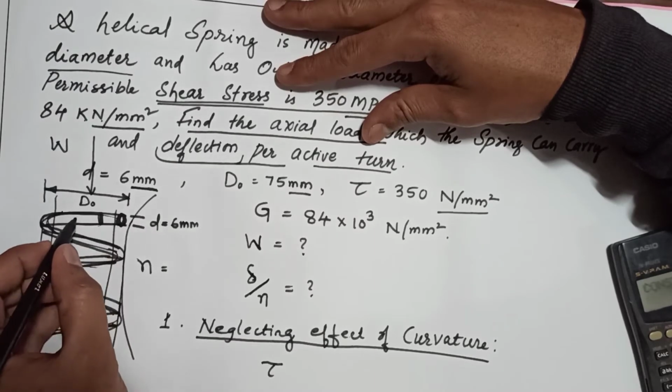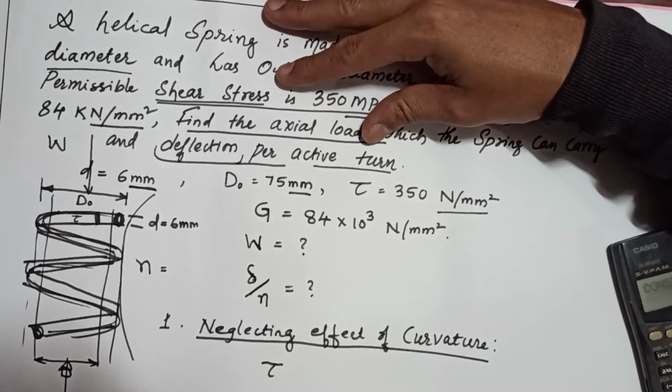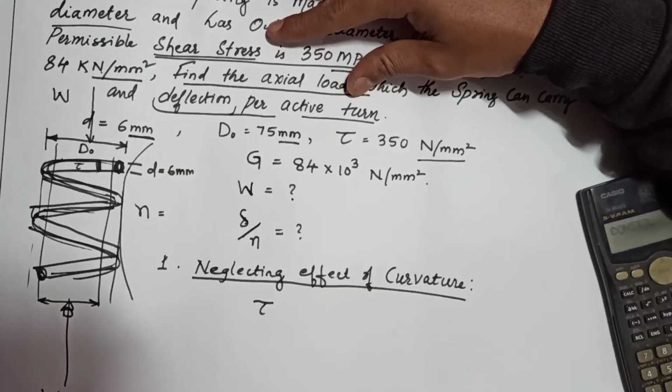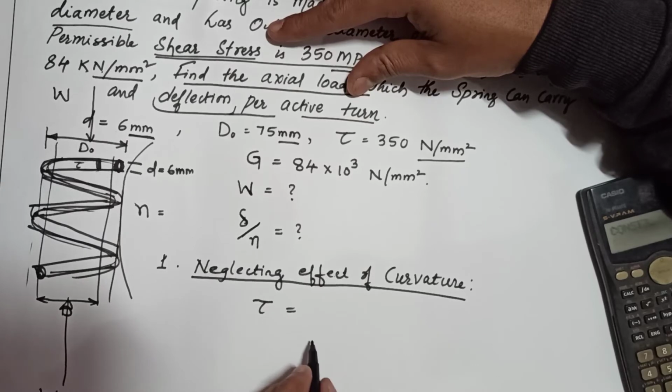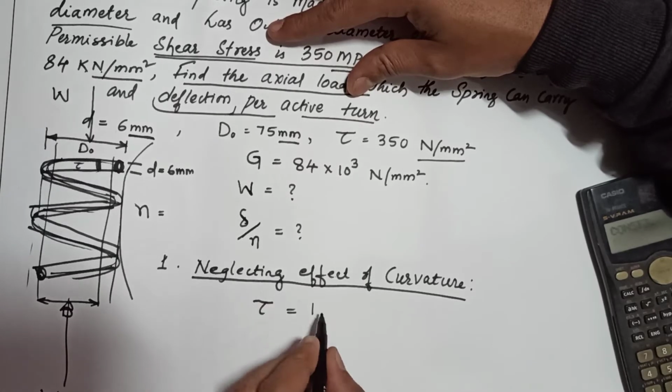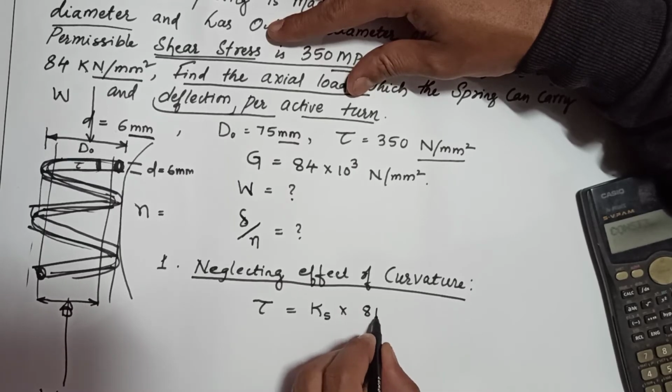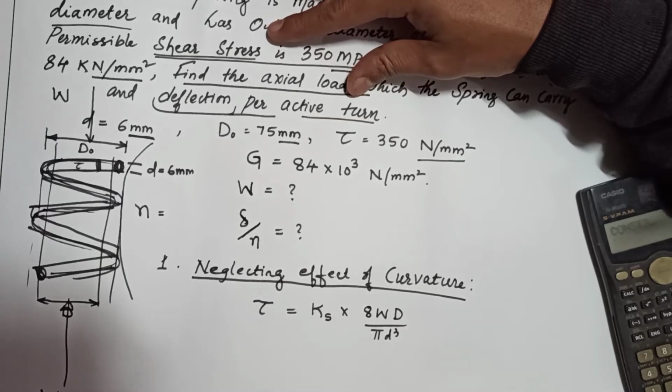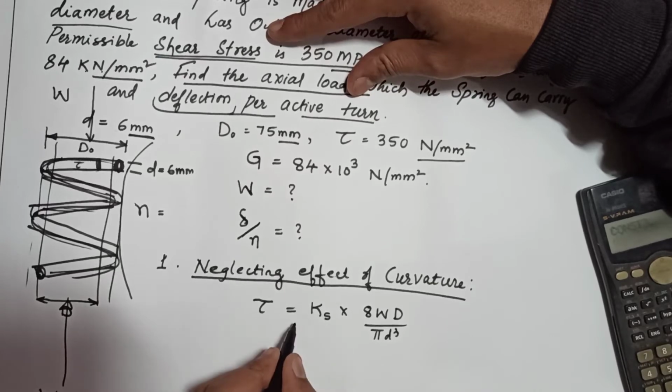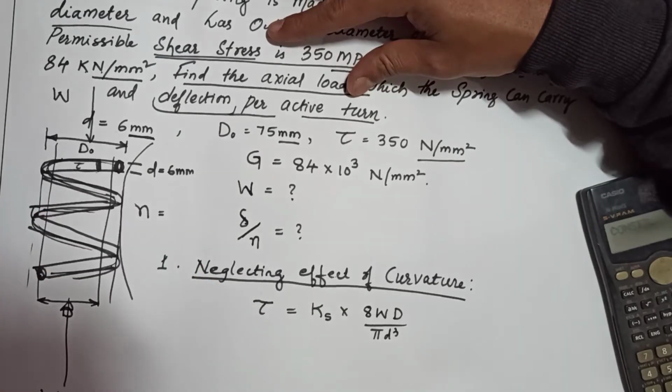In the material some shear stress will be developed internally, denoted by tau. You can refer to the data handbook, and you can also remember the shear stress equation. That is tau equals K suffix S into 8WD by pi d cube. This is the equation for maximum shear stress induced in the wire material.